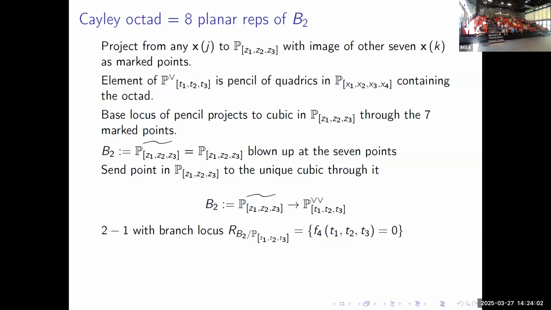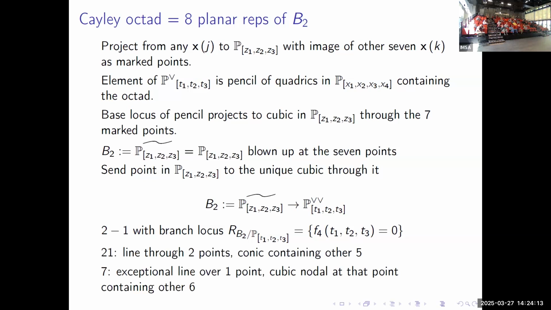You blow up those 7 points, and that is your del Pezzo of degree 2. So it is a 2-sheeted cover of our original P2 double dual. So it's our original P2. So that is the 2-sheeted covering, B2 over P2 branched on this smooth quartic curve. Any questions on that?